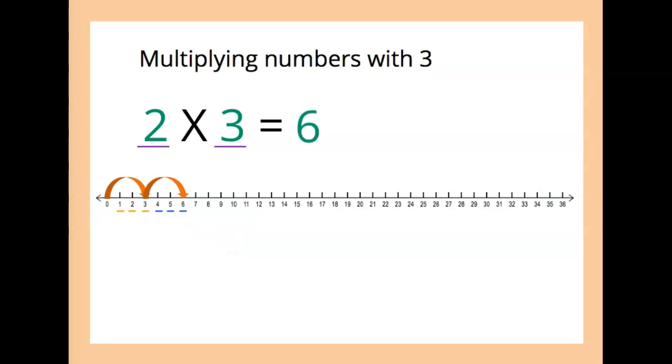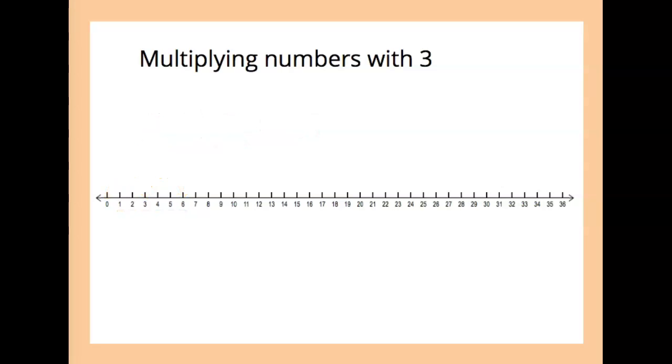Let's try one more. We have the equation 6 sets of 3. This means that we are jumping 6 times with 3 spaces in each jump.